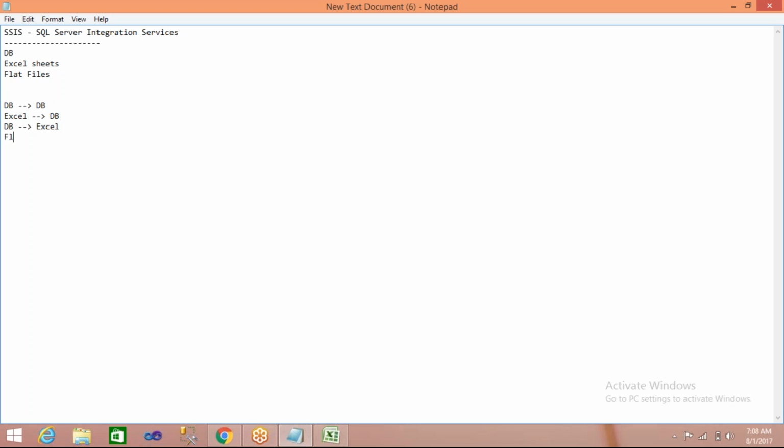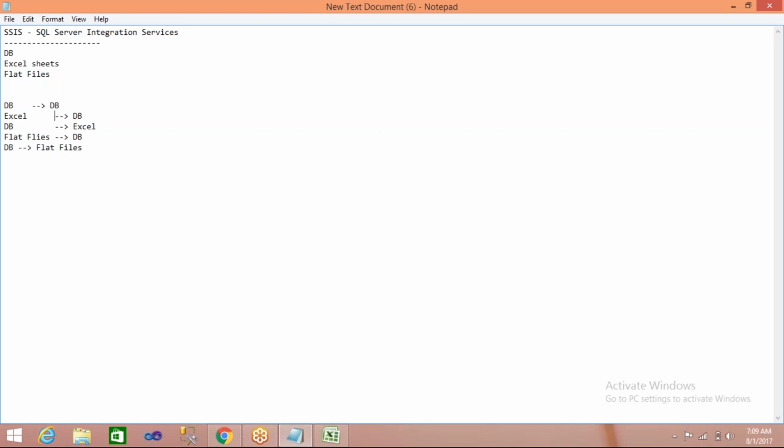Or it might be flat files to a database table, or vice versa, database tables to flat files.